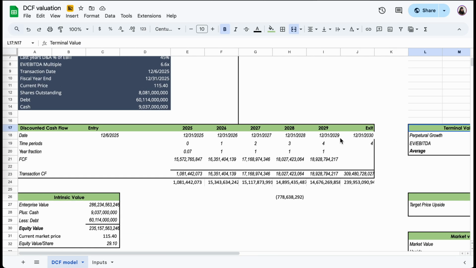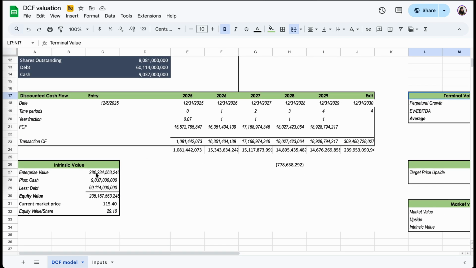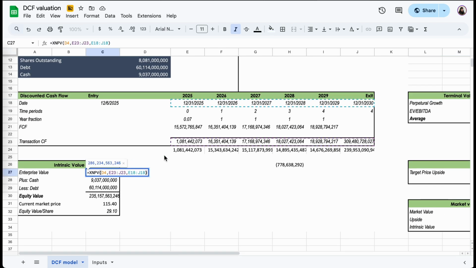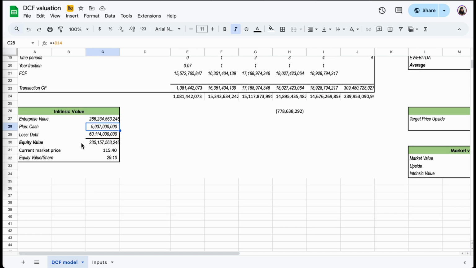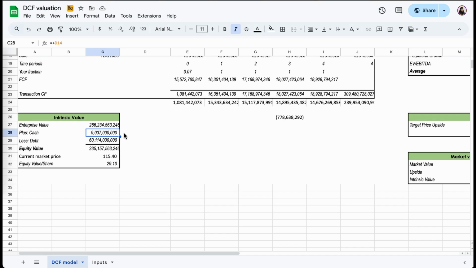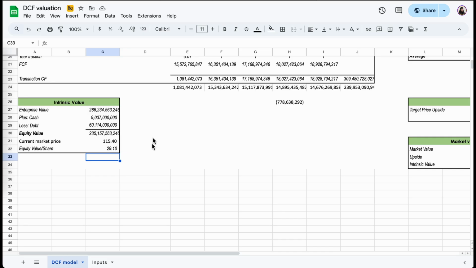Then you discount free cash flow and terminal value by the discount rate, and then you get this enterprise value. Enterprise value, it's a forecasted company value. Then you add company's cash to this enterprise value, subtract debt, and you get the total equity value. After that, you simply divide it by the number of shares over here, and you get the forecasted share price.